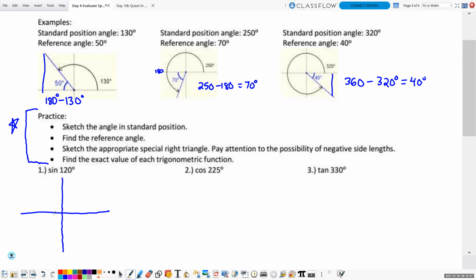What quadrant is that, Ryan? There we go. This is 1, this is 2, this is 3, this is 4. It falls in the second quadrant. So we're going to go ahead and draw 120 in the second quadrant.